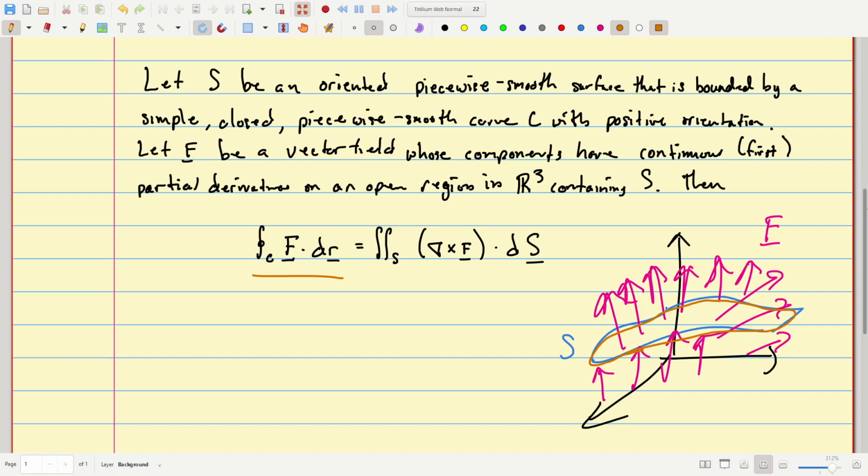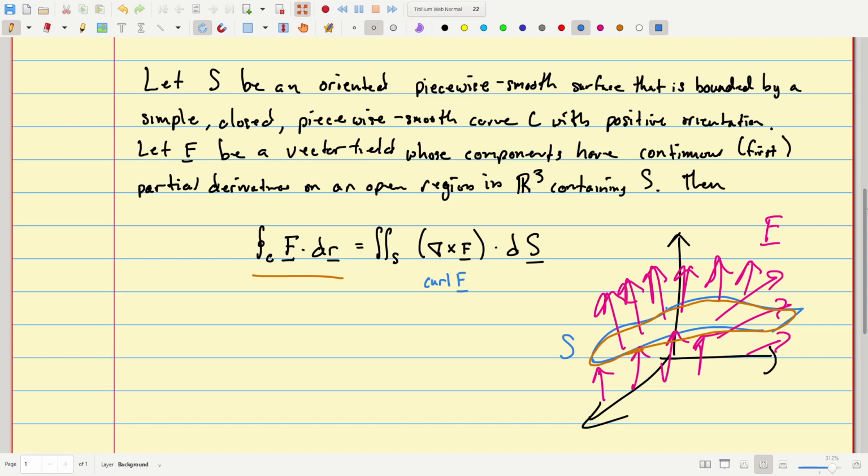Specifically, the curl of F over the surface. Okay? This is the curl of that vector field.